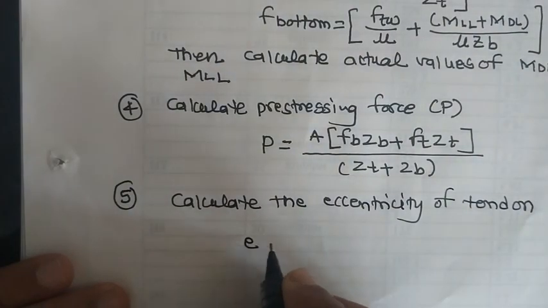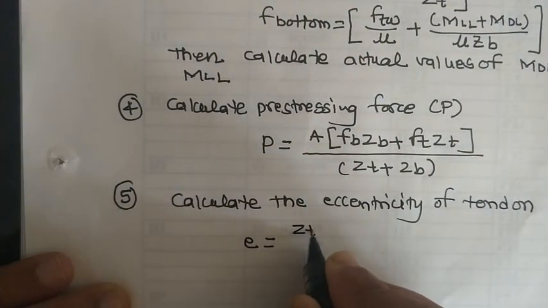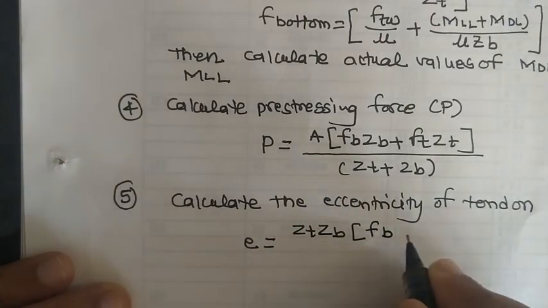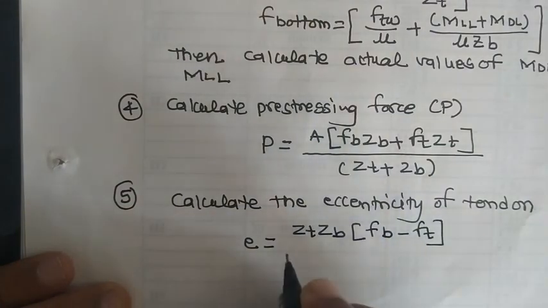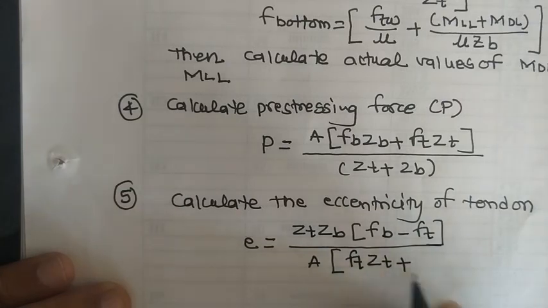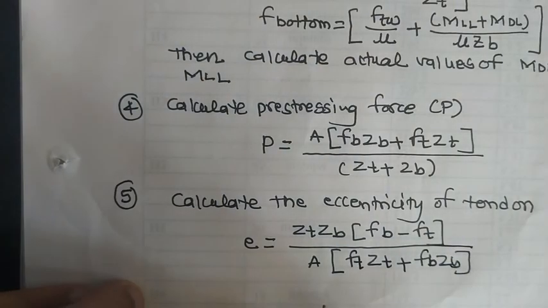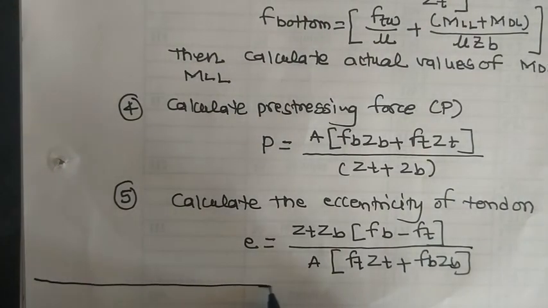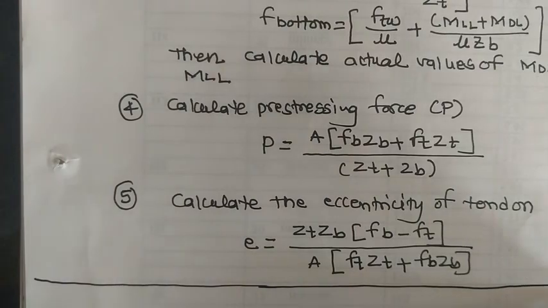Eccentricity E is calculated as Z top Z bottom into (bottom fiber stress minus top fiber stress) divided by area of the section into (Ft Zt plus Fb Zb), where capital A is the cross sectional area of the concrete. So these main 5 steps you have to follow for the design of a prestressed concrete rectangular section.